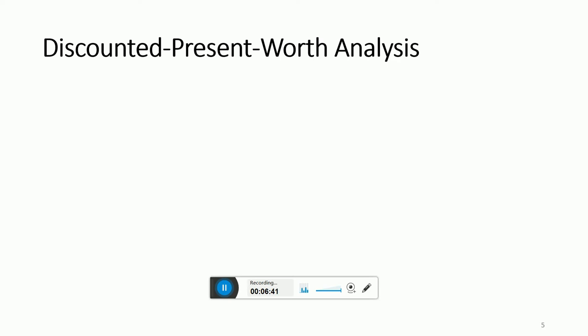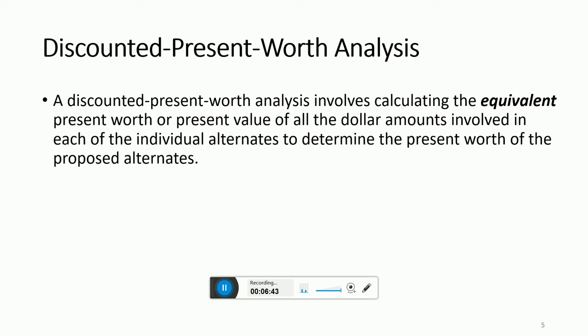Now coming towards the discounted present worth analysis. A discounted present worth analysis involves calculating the equivalent present worth, or the present value, of all the dollar amounts involved in each of the individual alternatives to determine the present worth of the proposed alternatives. So basically, this statement tells us that we are going to calculate the equivalent present worth of different alternatives.